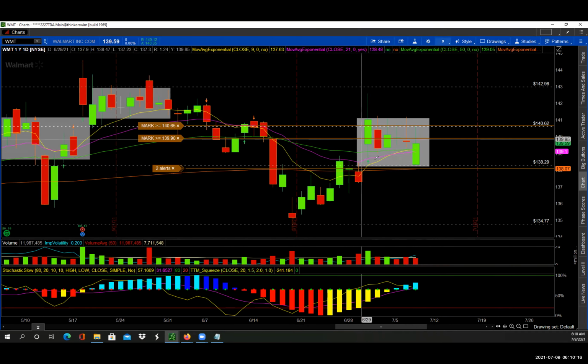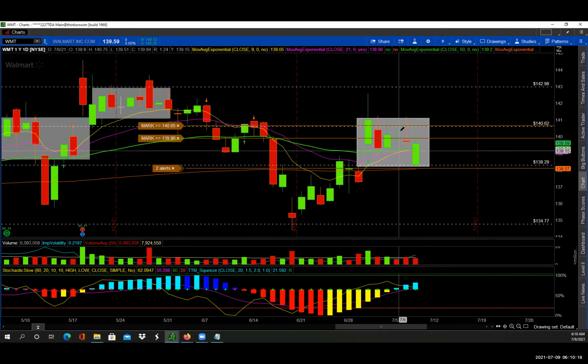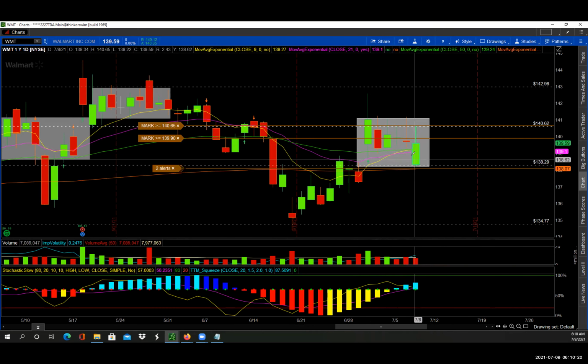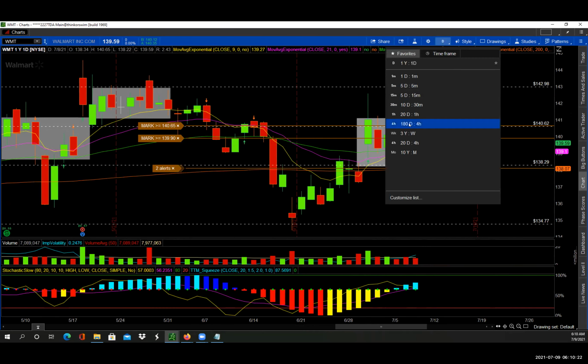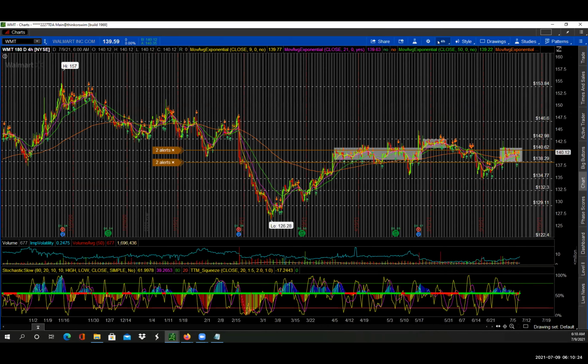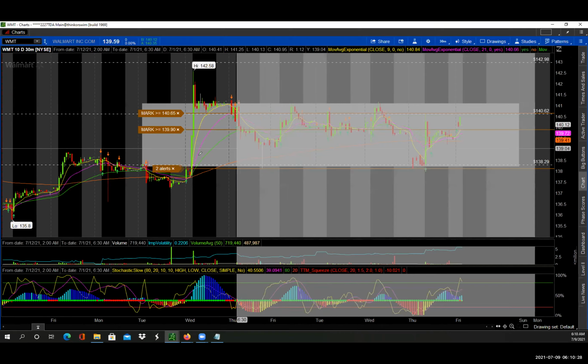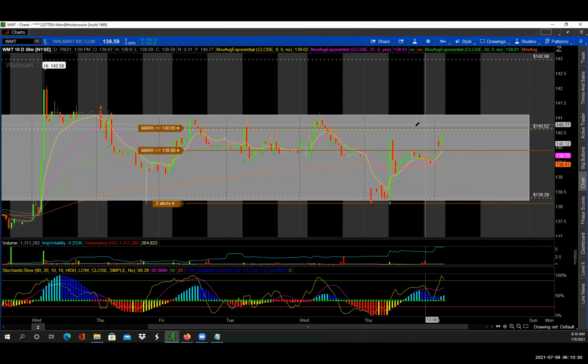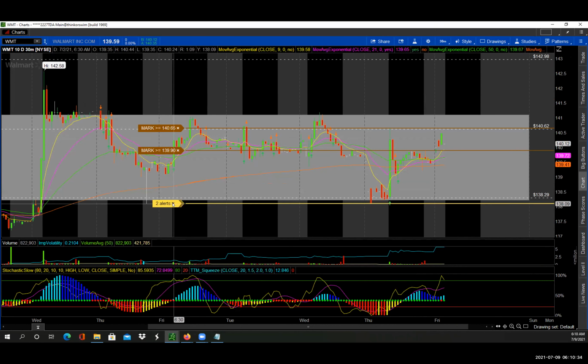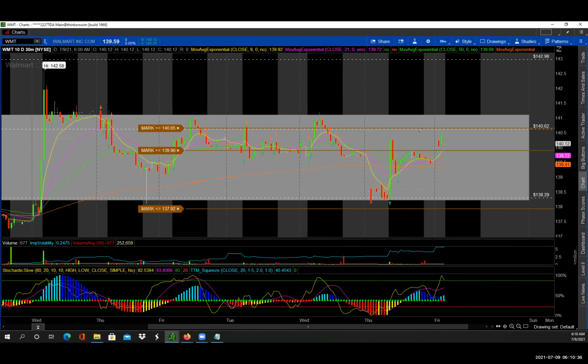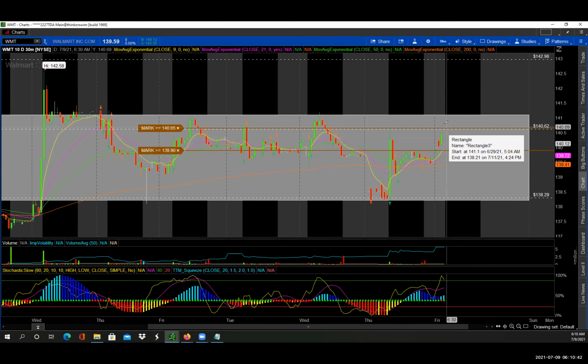So I really don't like to trade here because it's really easy to be faked out. But if you guys want to catch a little day trade, we'll see if we can break over 140.65 to take a trade here. Maybe catch a little day trade. You can get away with that today.